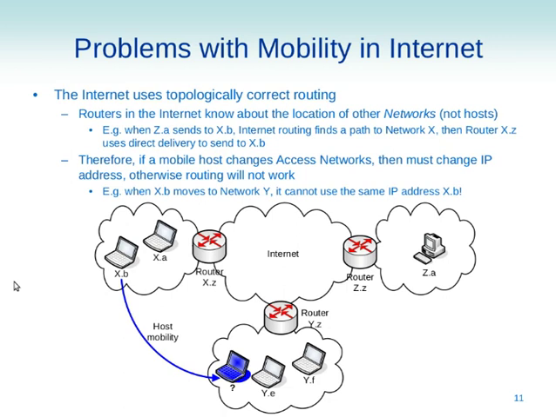So, what's the problem when we move between subnets? First problem is that the internet depends upon having addresses. Each node or each host has an address that fits the format of the subnet that it's in. And the routing depends upon the addresses.